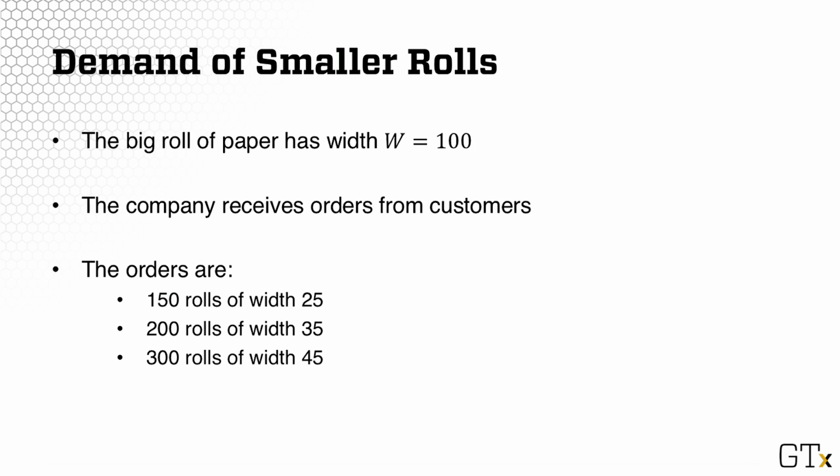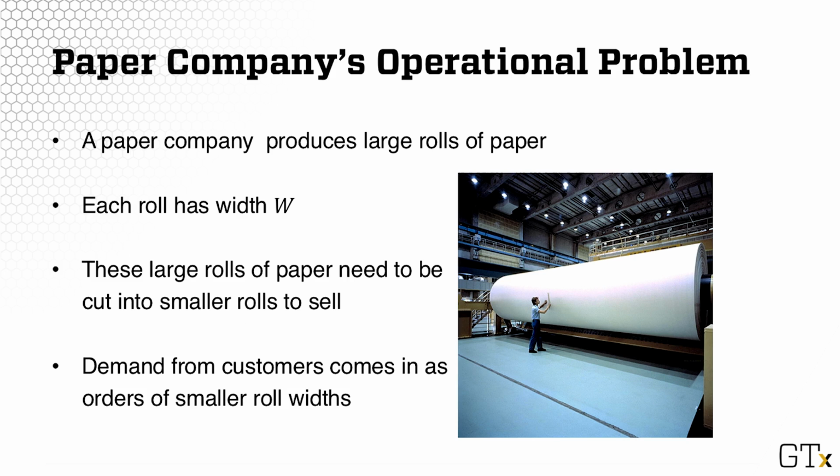Each roll has the same thickness; we're not differentiating thickness here. So when a customer wants 150 rolls of width 25, that's a quarter of this big roll, with the entire thickness, the entire quantity of paper in this quarter of the width.